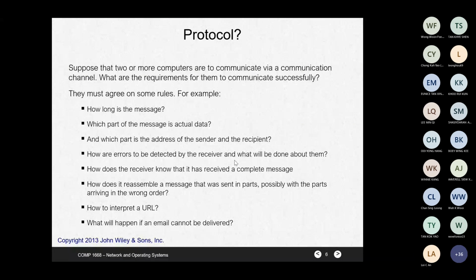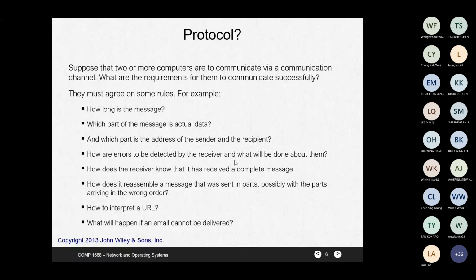The header will have some data, the trailer will have some data, and the actual data is in between. So the protocol governs all that to make sure the data that you send to a very specific receiver will be received by that receiver, not anyone else. All those details on what you send and what you receive are governed by the protocol, which we have covered in great detail, I believe, during your earlier studies.